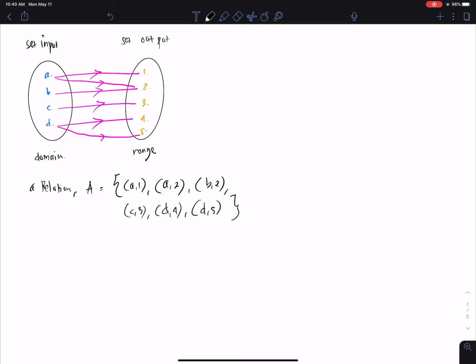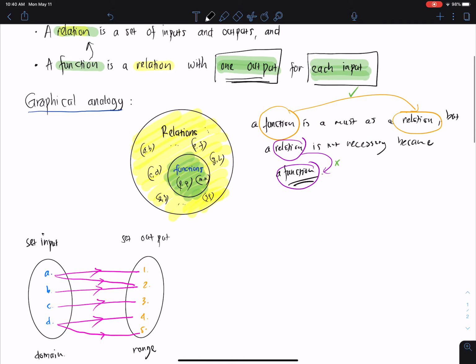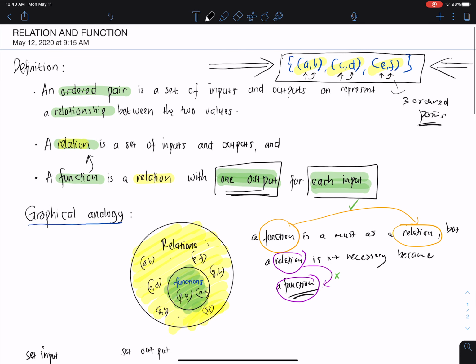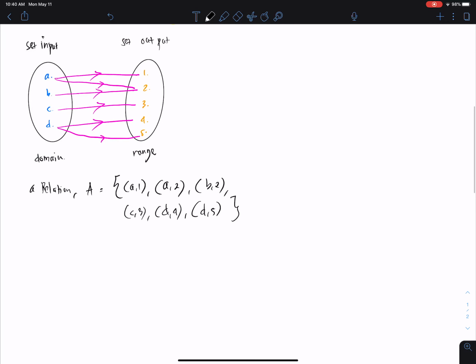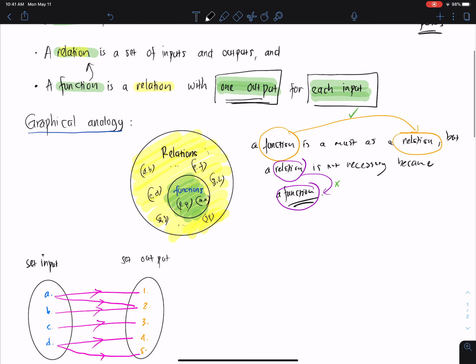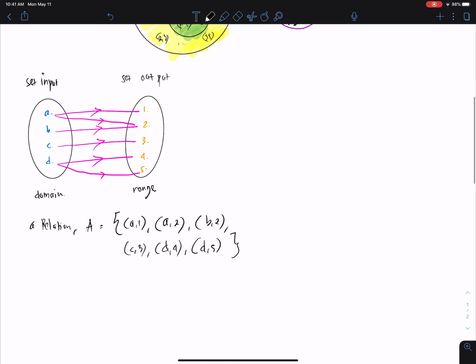Because again, looking at the previous, it is the set of input and output, which is the ordered pair itself. But this is not a function. Because remember, the definition of a function is one output for each input.